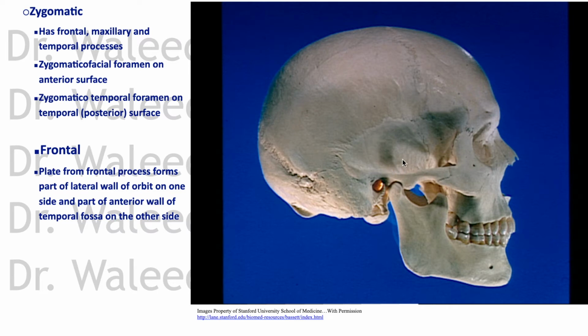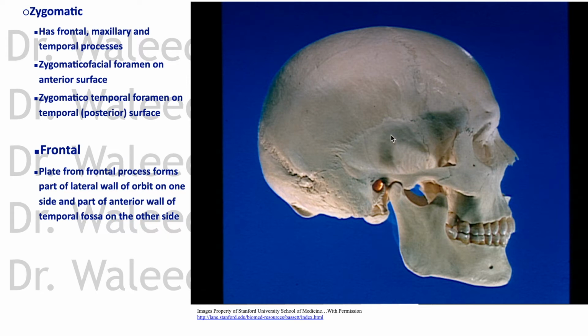Okay? Now you understand the region we are talking about. The frontal bone, we said, shares a plate that forms the lateral wall of the orbit, and at the same time from the back it forms part of the anterior wall of the temporal fossa. So the frontal bone has a share in the fossa.